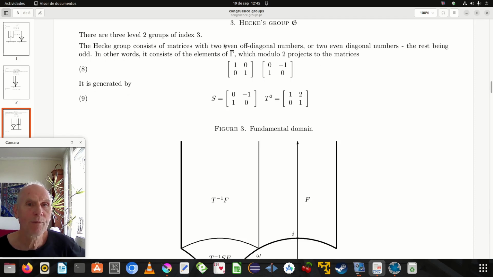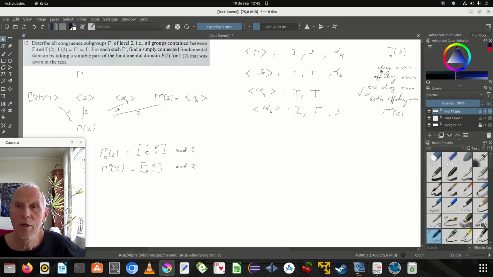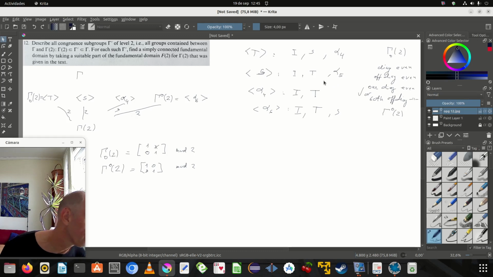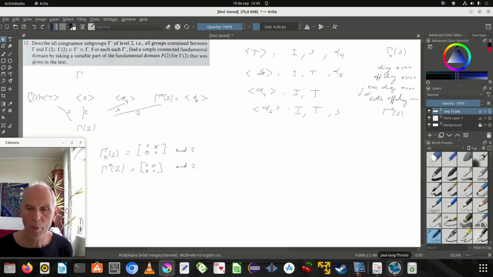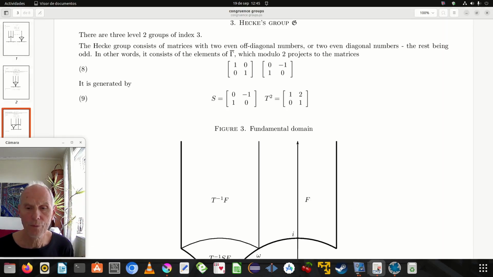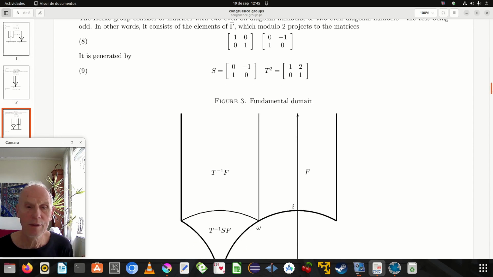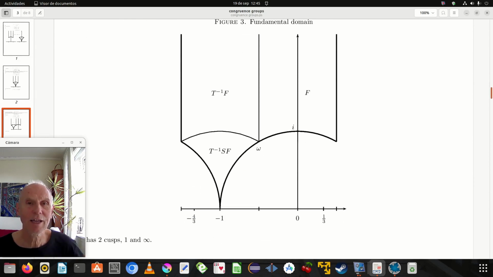The Hecke group, two even off-diagonal numbers or two even diagonal numbers. That's what I wrote here. That's the one generated by S, 1, T and alpha 5. That's exactly what I have here.